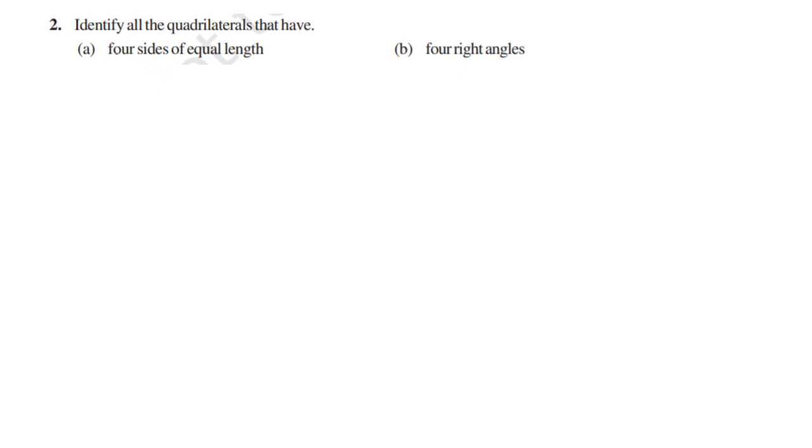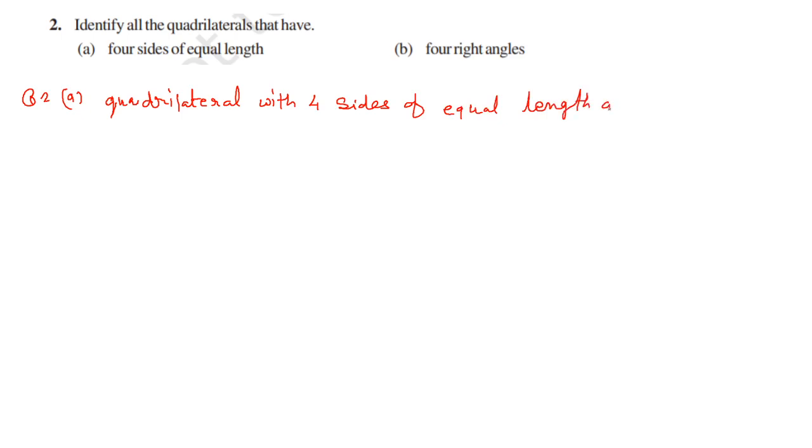Question number 2A. A quadrilateral with four sides of equal length. Quadrilaterals with four sides of equal length are: first, the rhombus, in which all sides are equal.